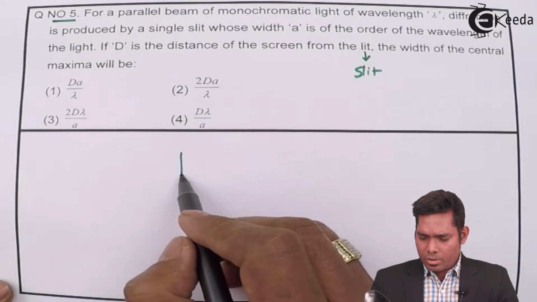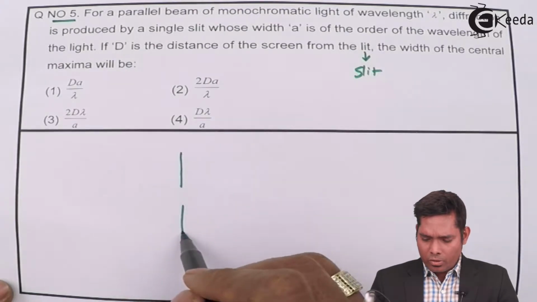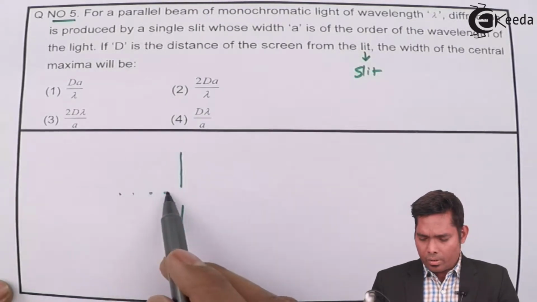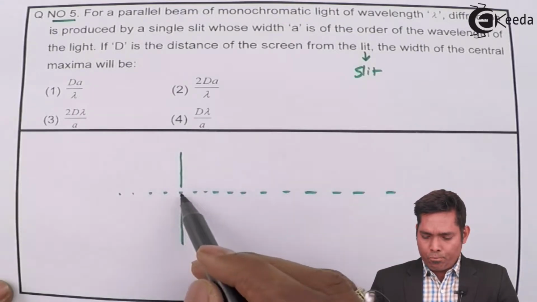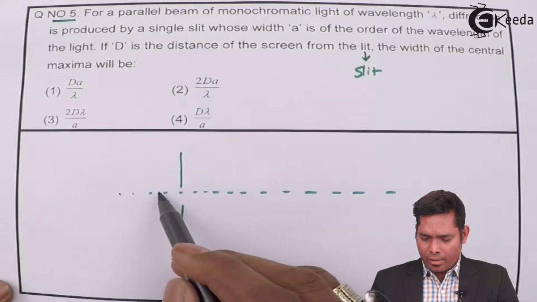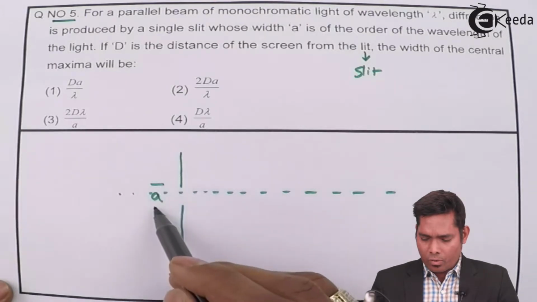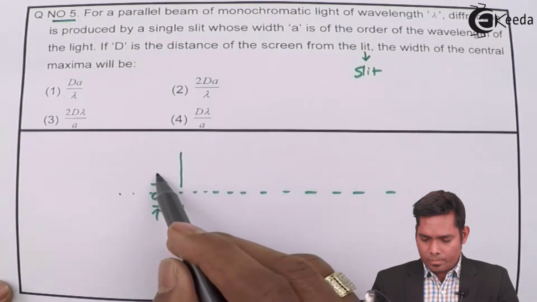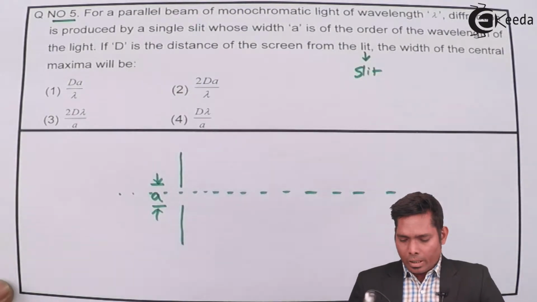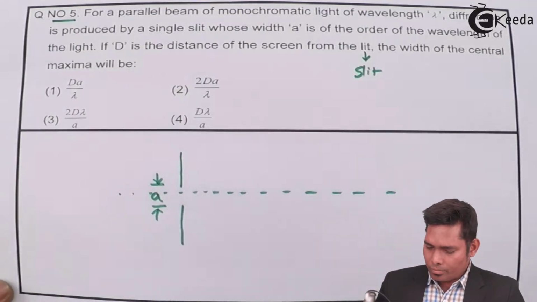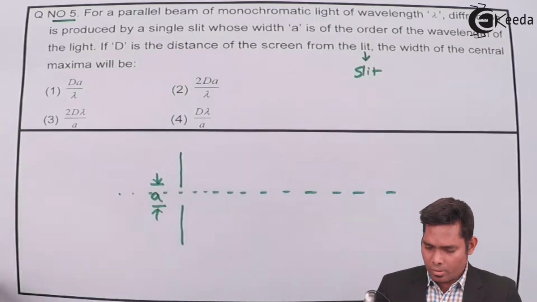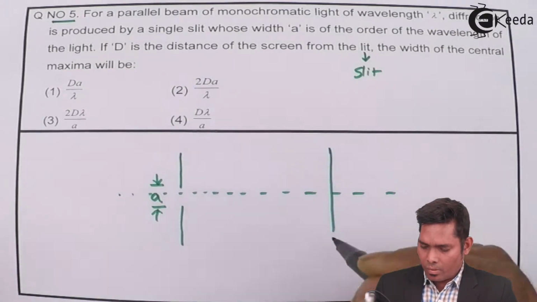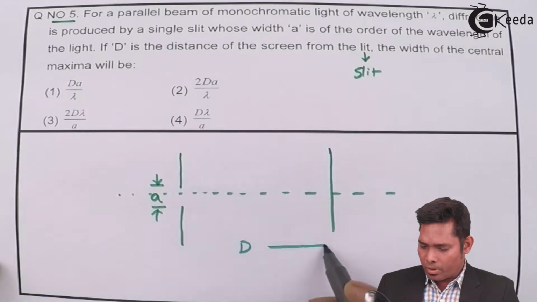That means it is talking about a slit with width A, and light is entering and falling on a screen at a distance D from the slit.